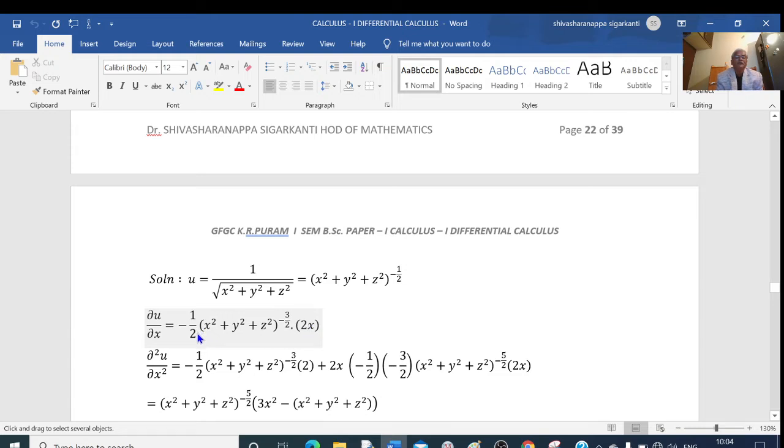First function, -1/2 into (x² + y² + z²)^(-3/2) into the derivative of 2x, which is 2, plus second function 2x into the derivative of the first function: -1/2 constant as it is, the derivative of this power is -3/2 into (x² + y² + z²)^(-3/2 - 1), that is -5/2, into the derivative of this bracketed quantity, that is equal to 2x.